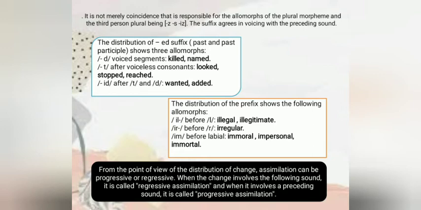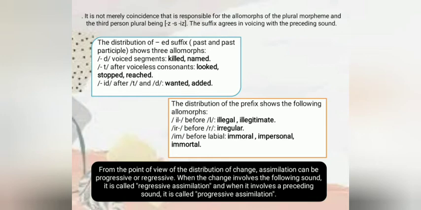The voiced segment d is in killed and named. T after voiceless consonants is in looked, stopped, and reached. Id after t and d is in wanted and added.